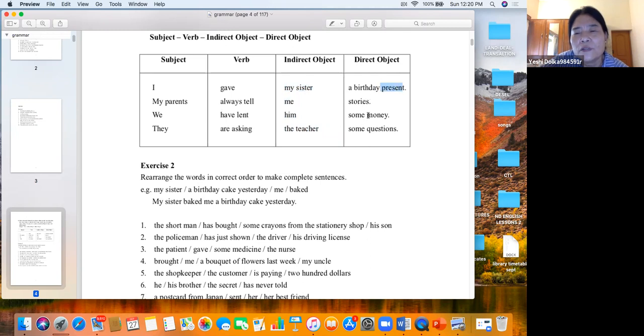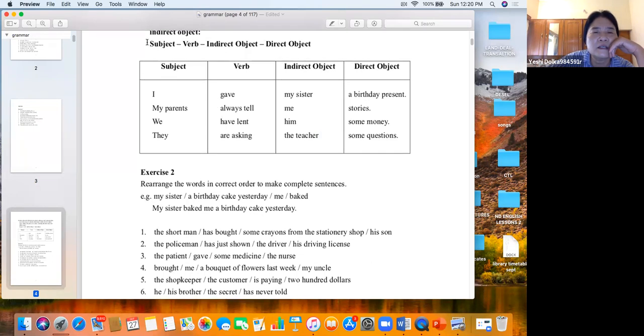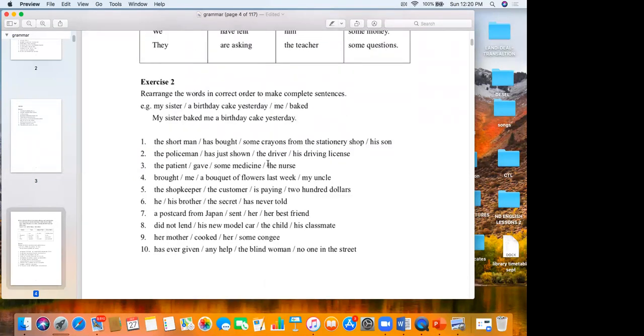This is a noun. This is a noun. Some questions, that's also a noun. So these are both nouns. Okay. So that's about this pattern: subject, verb, indirect object, direct object. Did you understand? Okay. Yes.